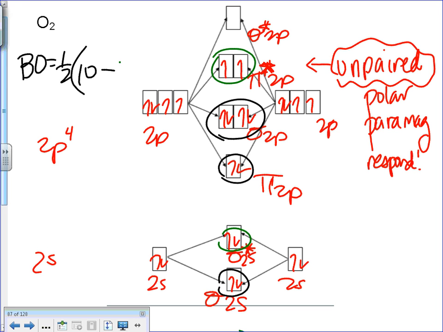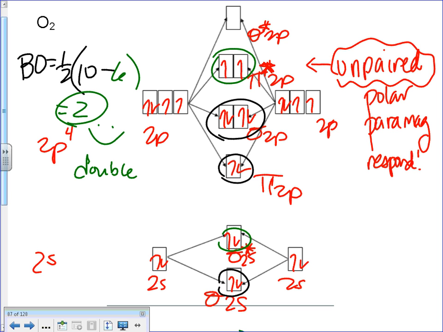So that's 6 electrons in the antibonding. 10 minus 6 is 4, divided by 2 is 2. Guess what, guys? That's going to exist, and it's going to exist in a double bonding situation. And that double bond is weaker and longer than a triple bond.